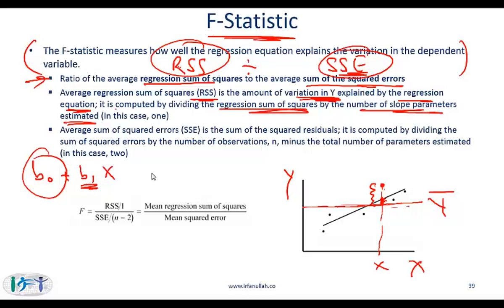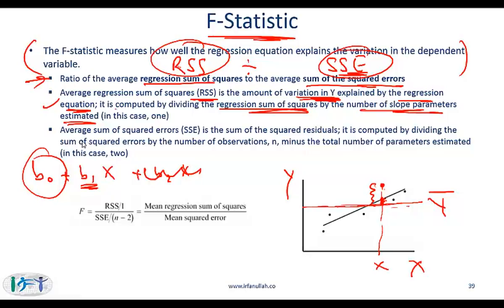If you have, as we will in the next reading, plus B2 times some other x variable, then you'll have two slope coefficients. But in this scenario, our life is simple. We just have one slope coefficient. So the regression sum of squares and the average regression sum of squares is the same number. Okay, so remember that.